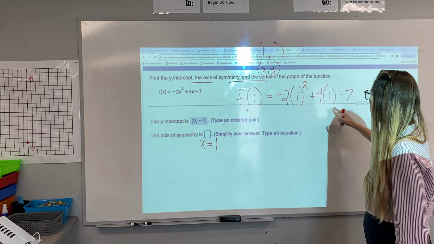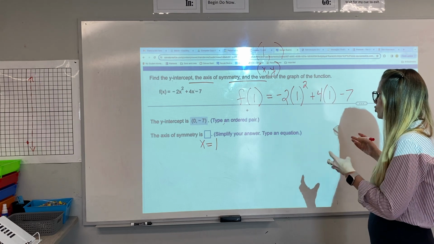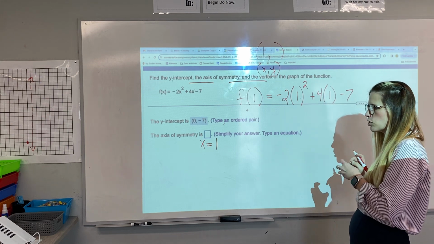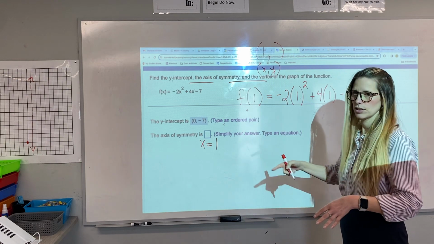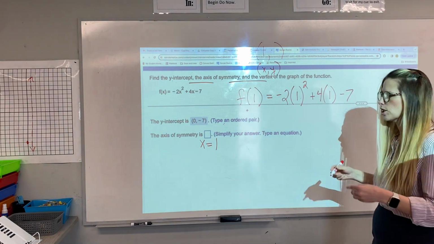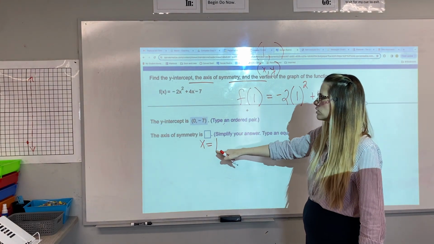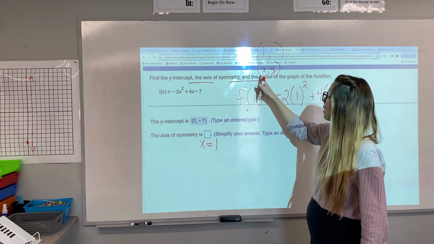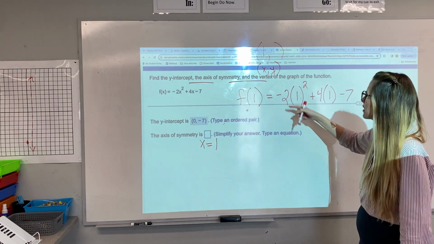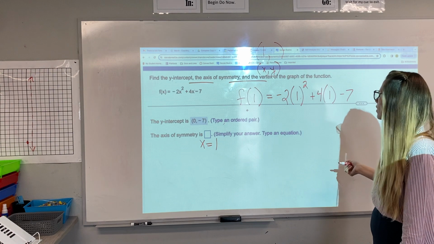All I have to do is simplify this to see what the function is putting out. Does that make sense? We're taking our x value from the axis of symmetry and plugging it in to get the y value for our vertex.